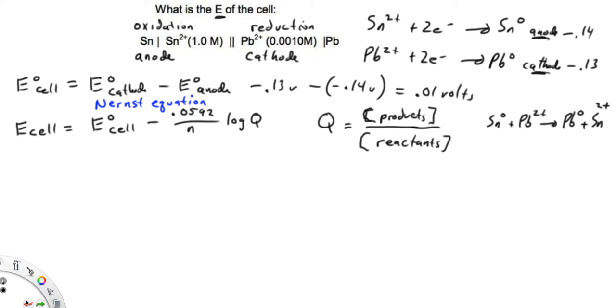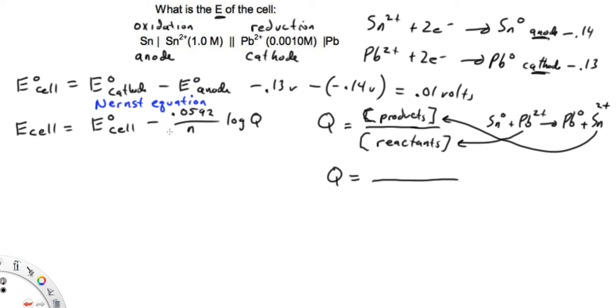So there's not going to be any coefficient. All right, so Q is going to equal the concentration of the products. The only product is tin 2. That's the only thing that's in solution, and lead 2 is going to be my reactant.